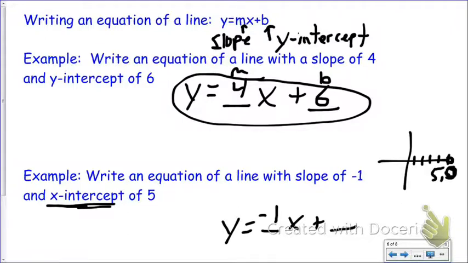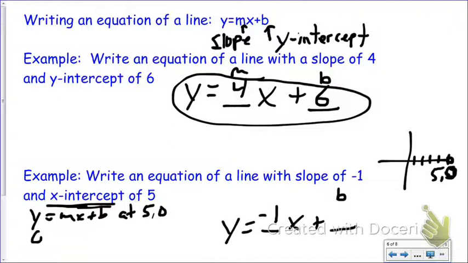So there's several ways that people sometimes use to find the b. Remember, we're trying to find the b. One way to find it is to use that y equals mx plus b formula and plug in everything else that you know. Okay, so we're going to plug in the 5, 0 point, and we're going to find out what the b would be if we plug the 5 and the 0 in there for x and y.